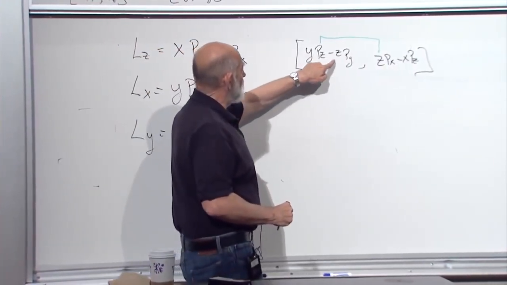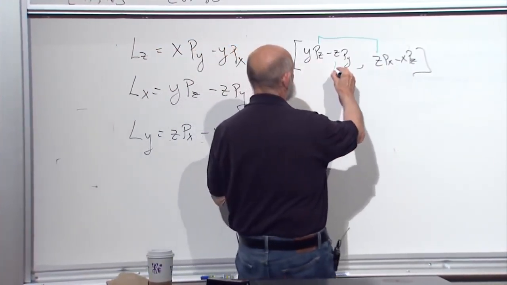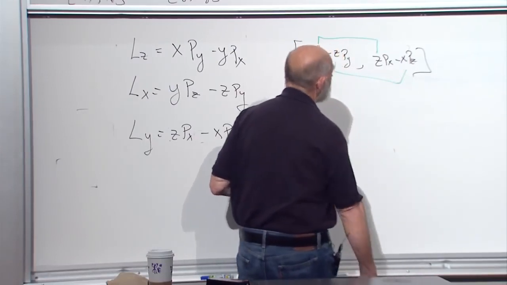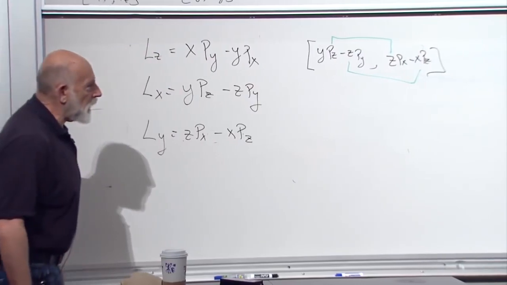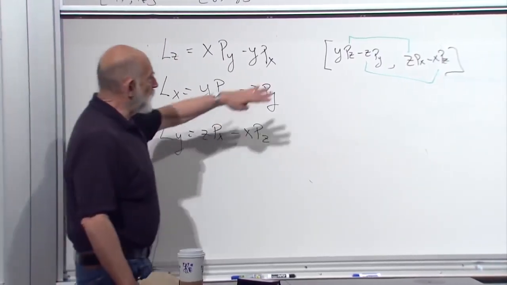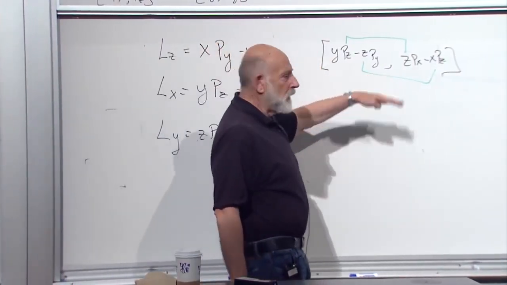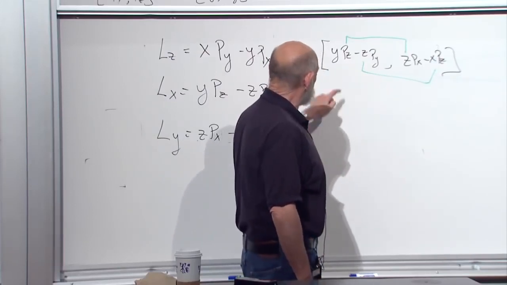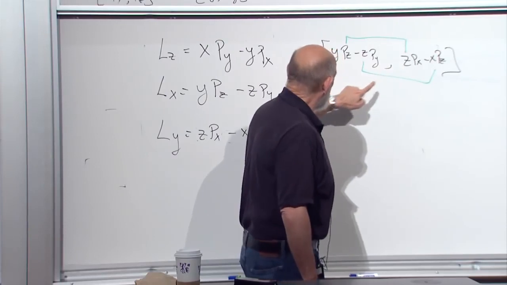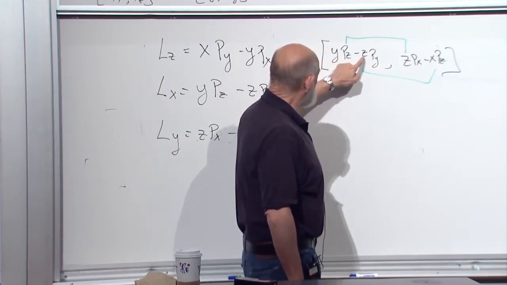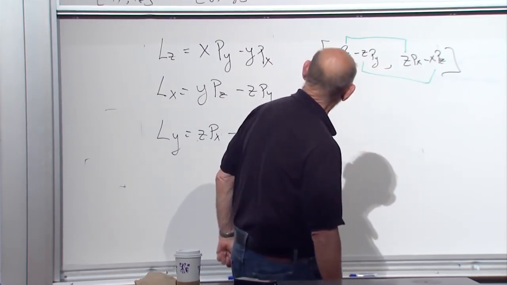And let's see over here, z doesn't commute with pz. Those are the only combinations, if we were to expand this out, the only combinations which don't commute are pz with z. Did I get that right?